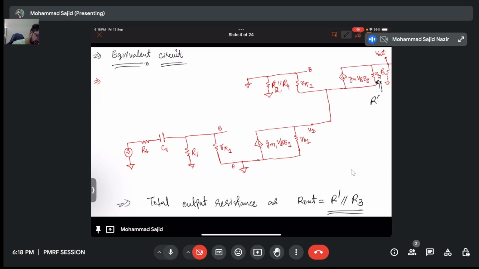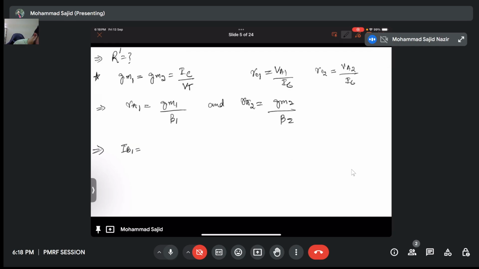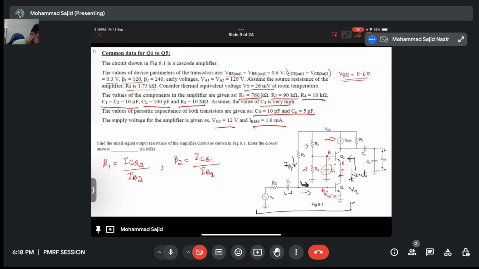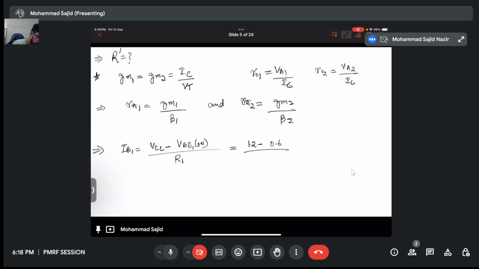So I can write here IB1 is VCC minus VBE1, because it has a potential of VBE1, divided by R1. VCC is 12 volt and this is given as 0.6. R1 is 760 kilo ohm.